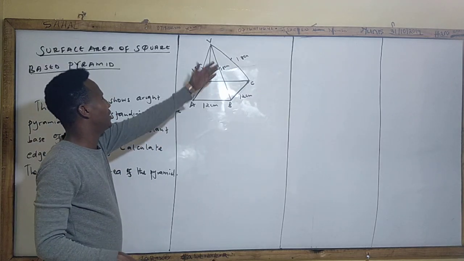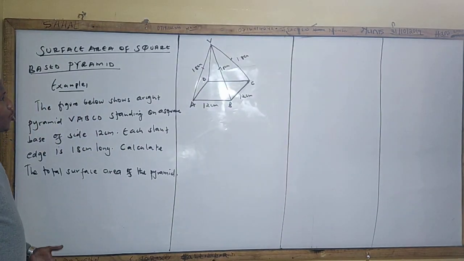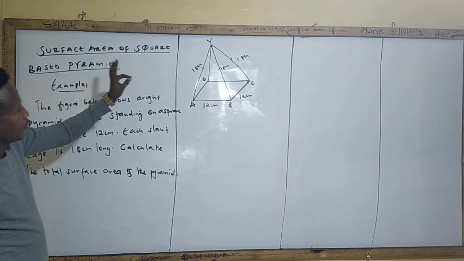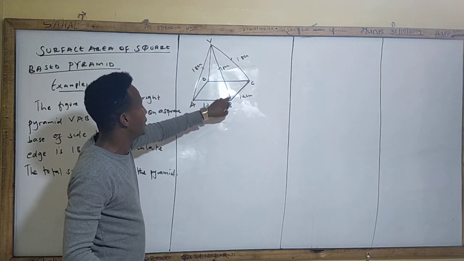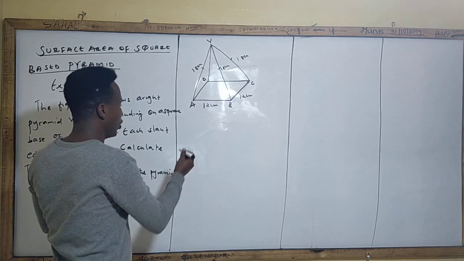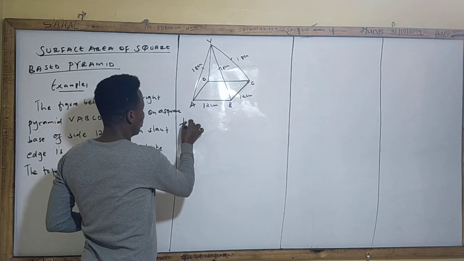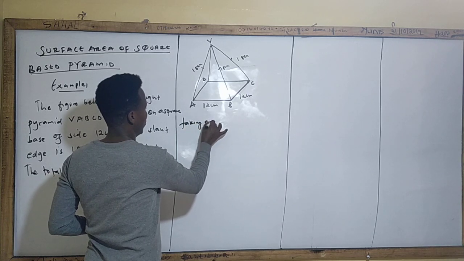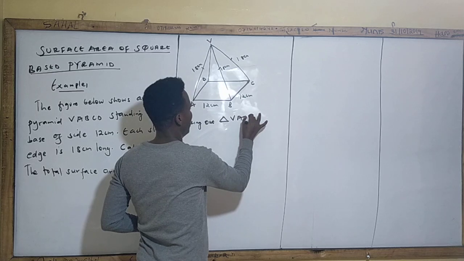But when you are given the slant edge, again, these guys are doing some favors for you, okay? So what we're going to do is pick one of these triangles, VAB or VBC. You're going to say, taking out triangle VAB.